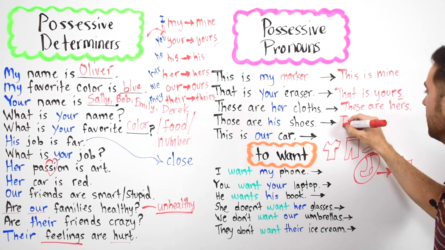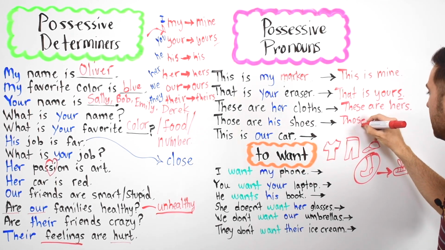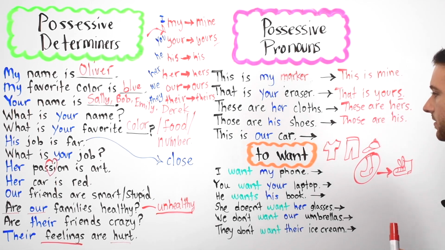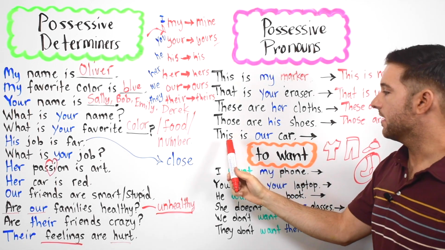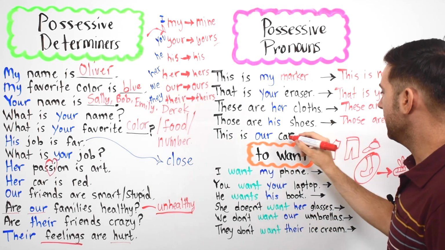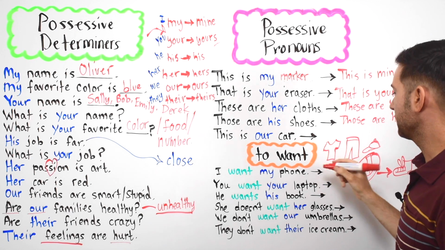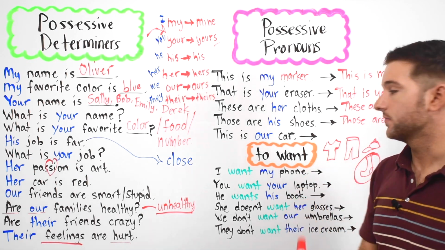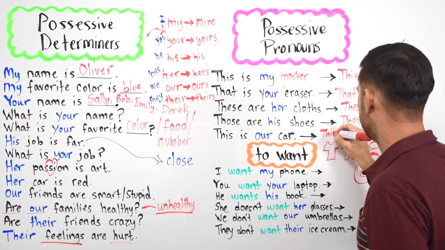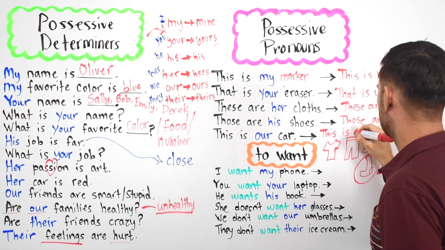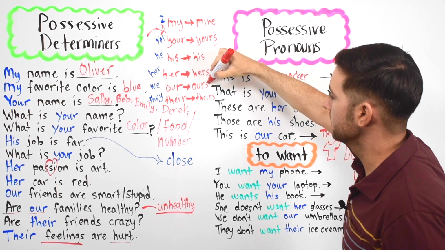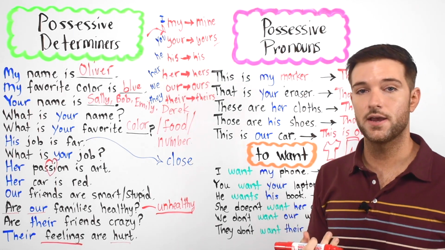We'll say those are his, period. Finally, we have this is our car. And a car is a vehicle like what you drive, okay? So this is our car. We'll say this is ours with an S. This is ours, like right here. This is ours, okay?